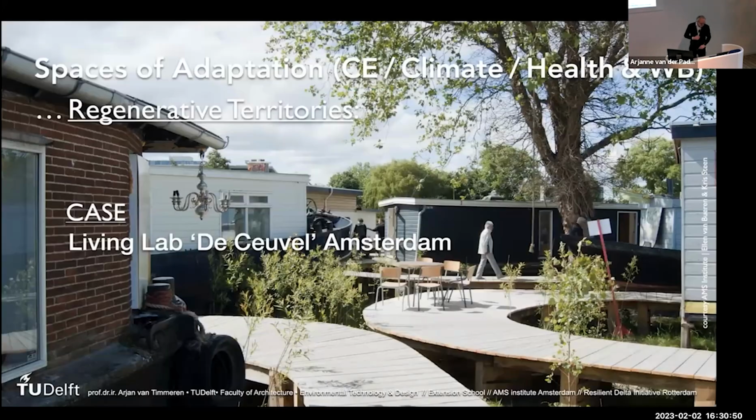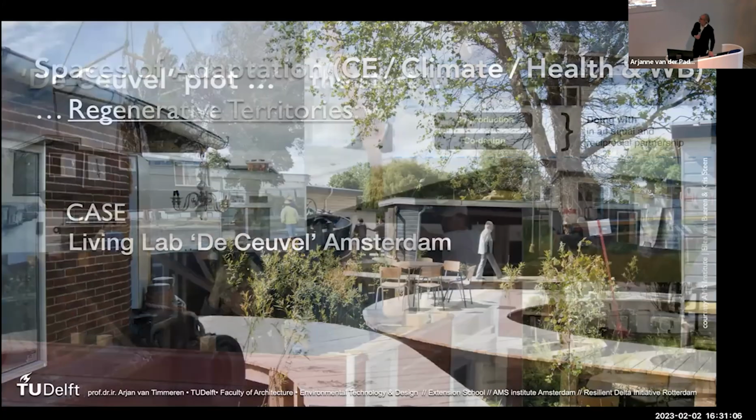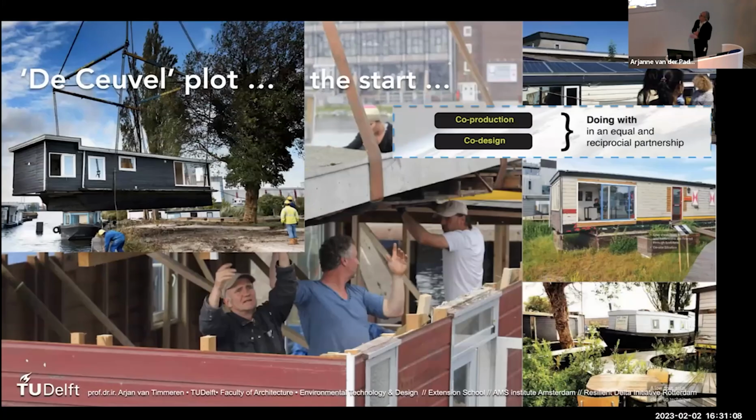An example where we did this, and that's my final part, is in the Living Lab in Keuvel, also with AMS, with Metabolic and others involved. This brings together the social-ecological perspective, where you actually do things with people. So an equal reciprocal partnership, but also aiming to use wastes, because this was a waste-gate, polluted area.